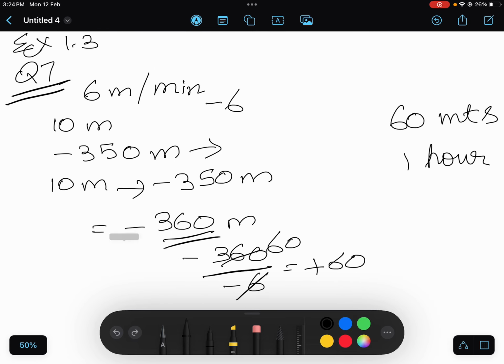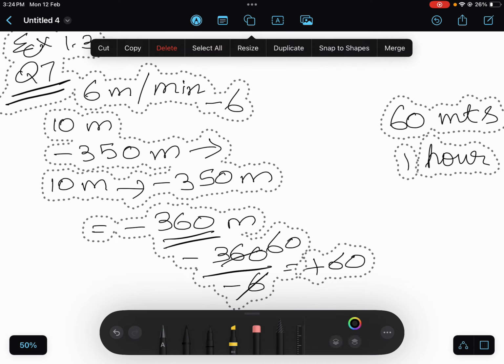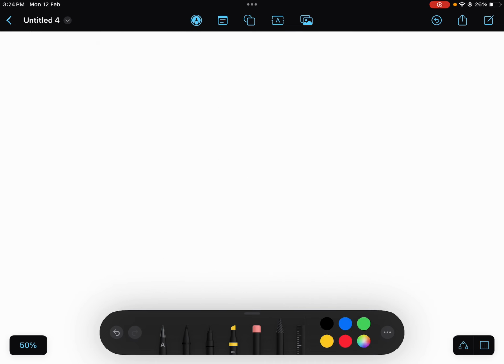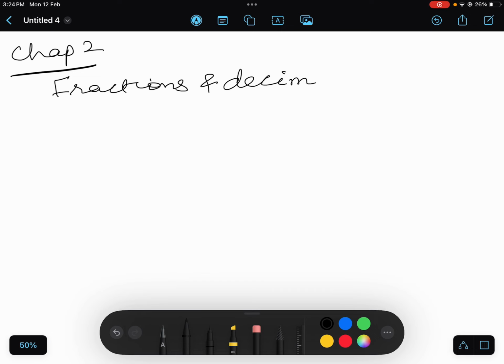So chapter 2 is fractions and decimals. You know the numbers 15 by 2, 7 by 3, all these are fractions.